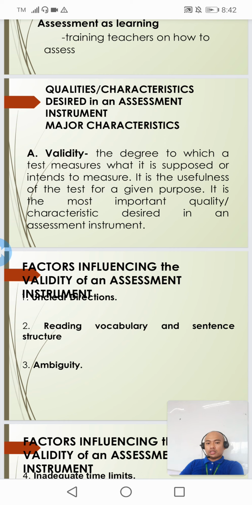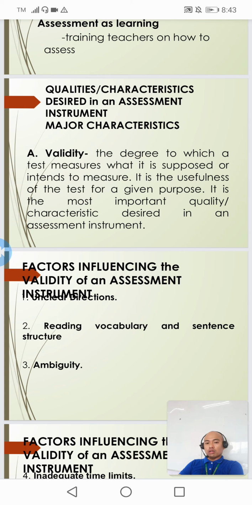So what that means is, if we prepare a TOS, what the test constructor wants is to distribute and have representation of those topics as per the items of the test instrument.